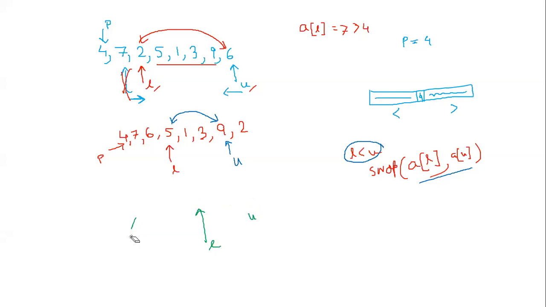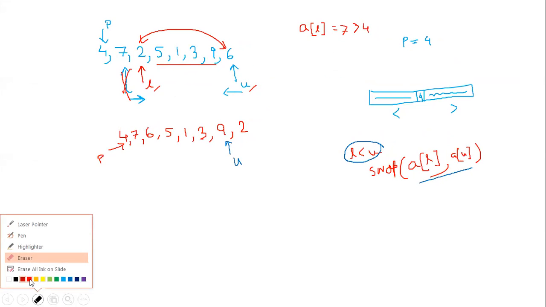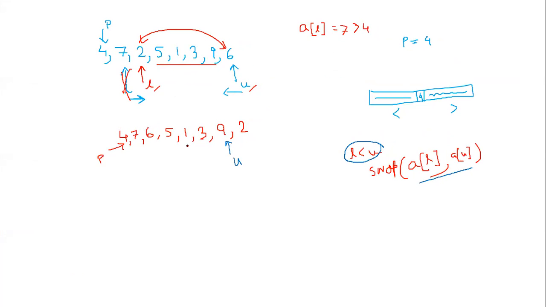I had a mistake. Yes, it will stop when L will basically point here, right? Point here, because this is lesser than 5. So you will have a swap between 1 and 9.